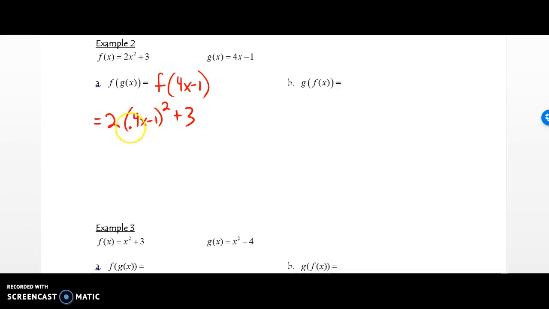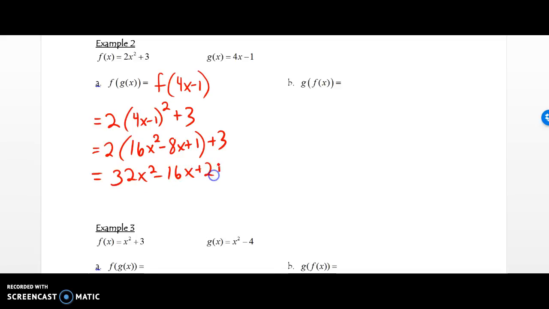I would square this, and my final answer will be 32x squared minus 16x plus 5.